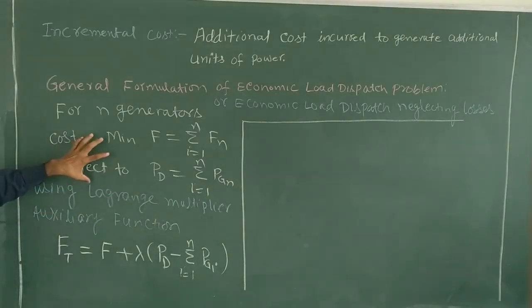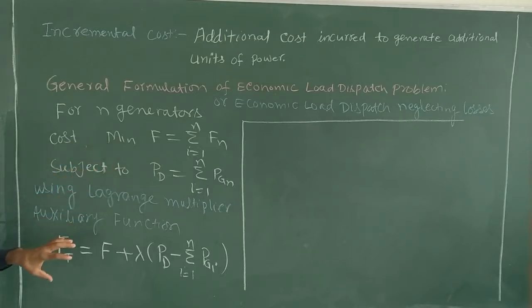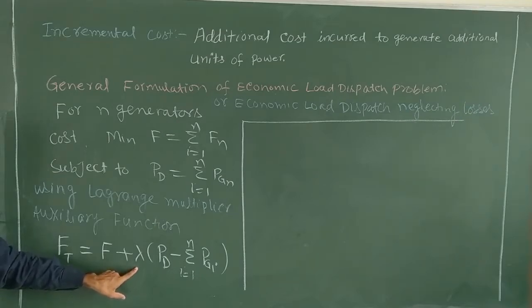This problem can be formulated into an auxiliary equation using a Lagrange multiplier. So Ft is the auxiliary function, which has the total cost F plus lambda, the Lagrange multiplier, times the constraint.